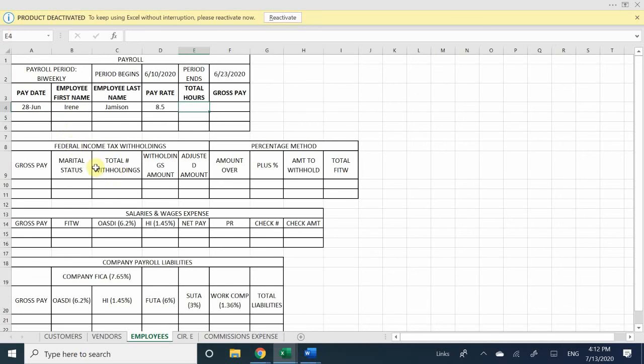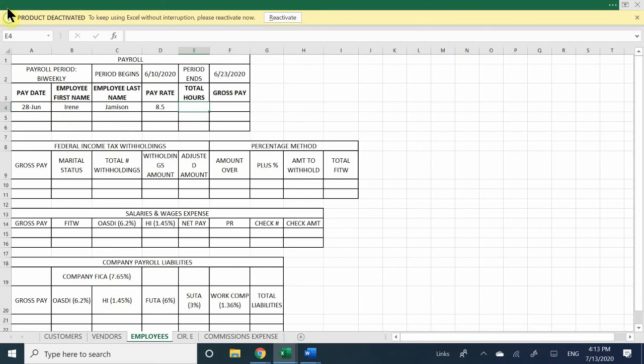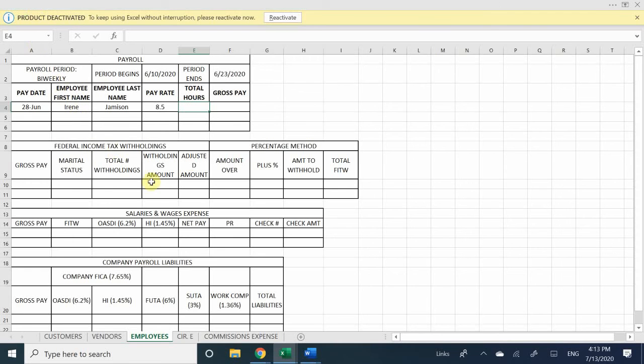So all I need to make sure is that I have her full name and her pay rate, and when she turns in her W-4 form to me, that's when I can do her payroll expenses. But for right now, I'm just entering in that I employed her. She's going to get paid $8.50. Done. That's all I need from her.